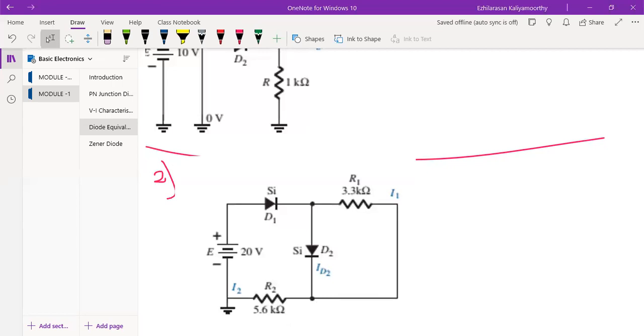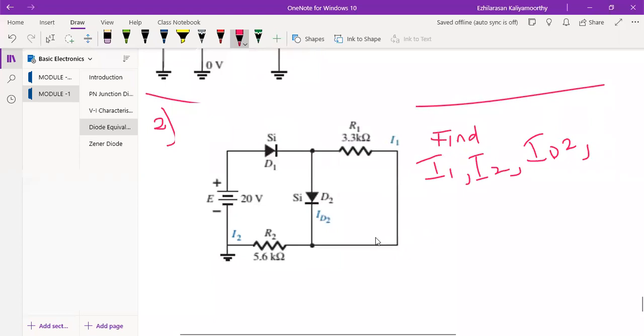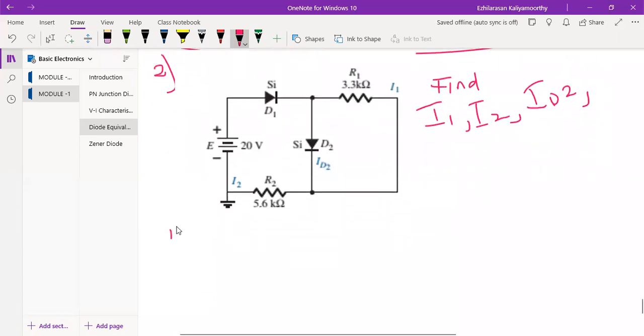You have to find out I1, I2, ID2 for the given network. Let me give the answer also, better for you. So it will be easy for you to check it.